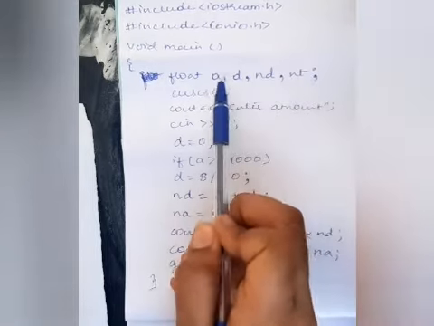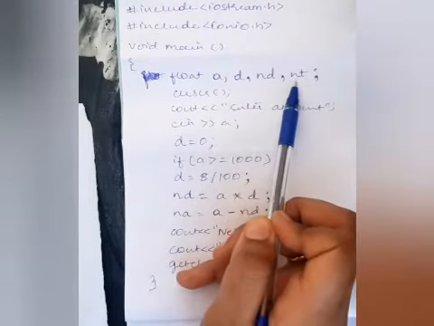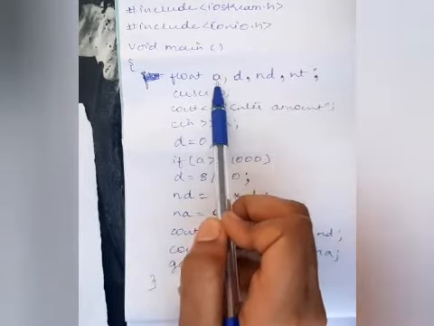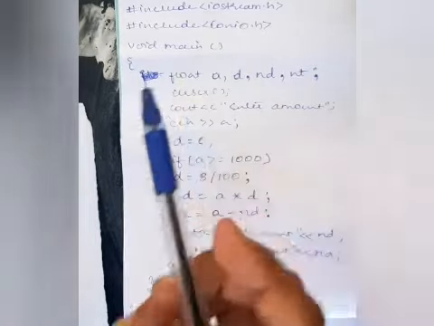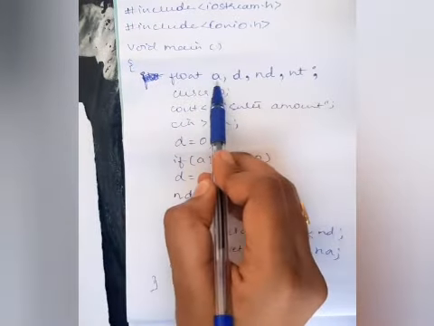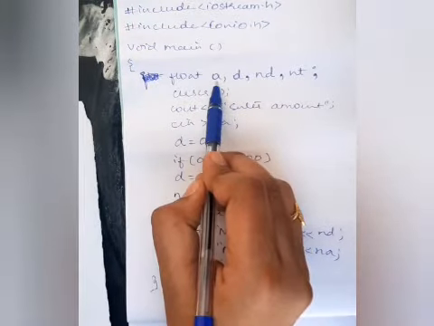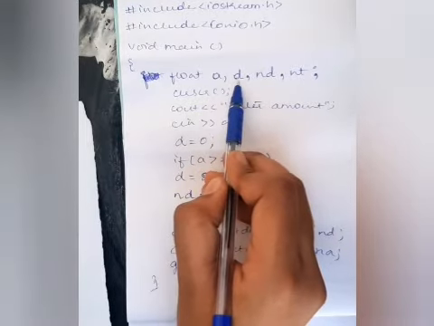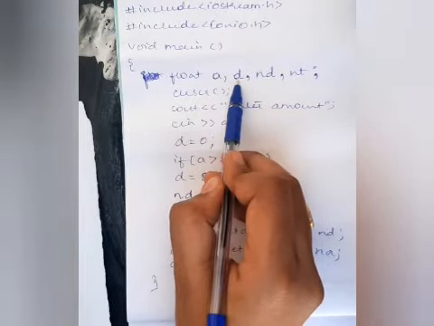We are using four different variables. I'll explain what A, D, ND and NT are. A is the amount which is entered by the user, that is the input value. What is D? D is discount.